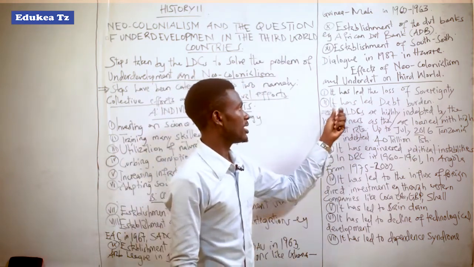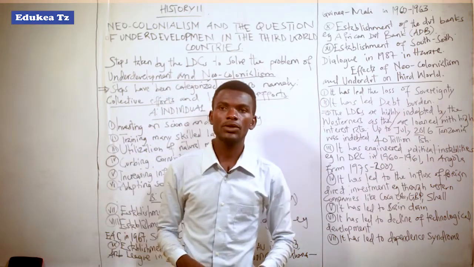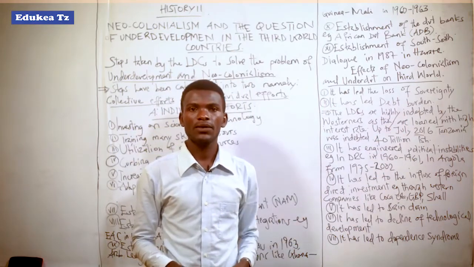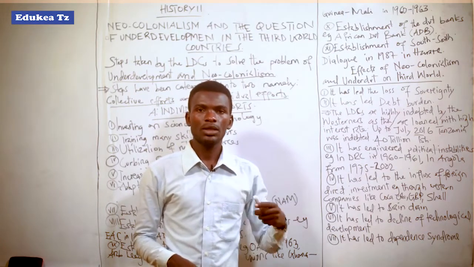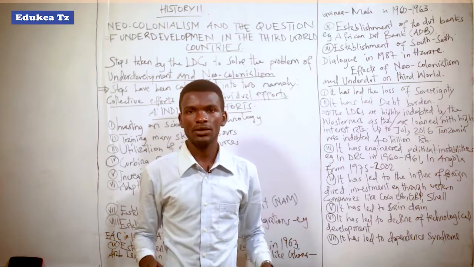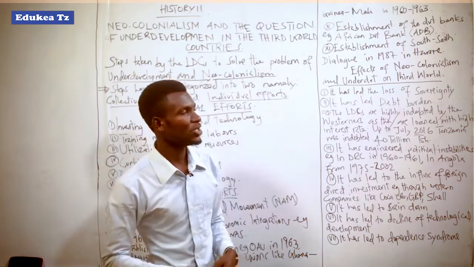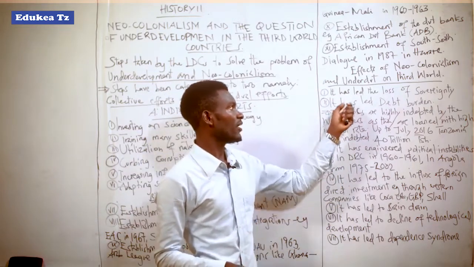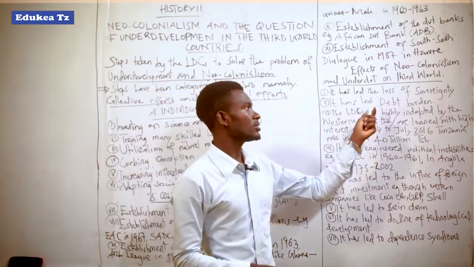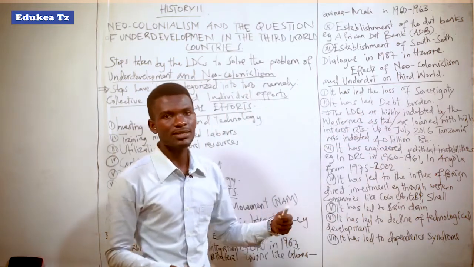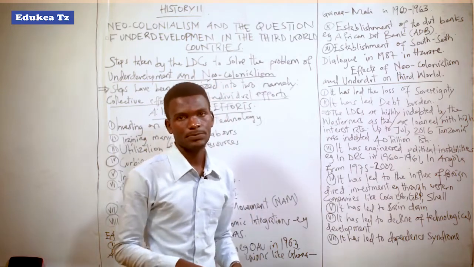The first one, it has led to the loss of sovereignty. And sovereignty, as we know, is just the freedom of a country to make decisions on itself without interference or intervention from foreign dominations. So many African or less developed countries have lost their sovereignty to make their decisions freely without Western interventions.